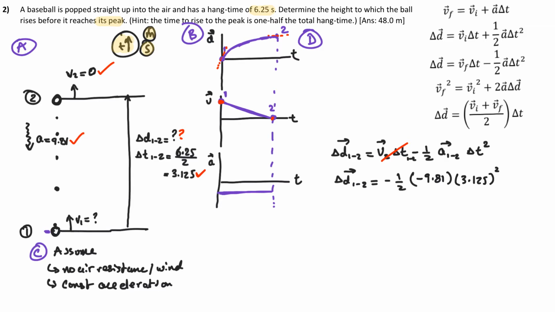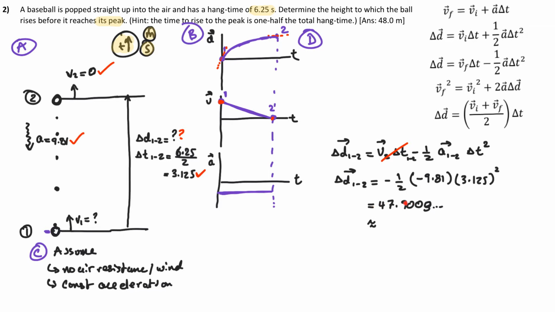And I forgot a square there. I'm going to add that in. When I do this, I'm going to get 47.9003 dot dot dot, and I have to see how many significant figures I have. So 9.81 has 3, 3.125 has 4, and 0 here is stopped, so we're going to assume an infinite number of significant figures.